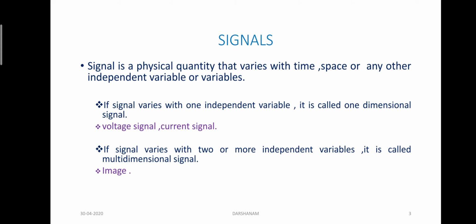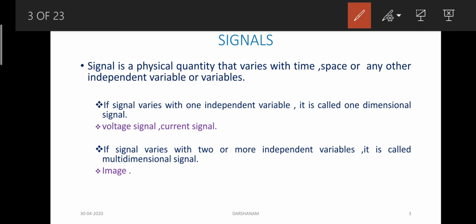If signal varies with one independent variable, it is called as one-dimensional signal, and if signal varies with two independent variables, it is called as multi-dimensional signal. In all technical exams, we have to deal only with one-dimensional signal, but we must know the difference between one-dimensional signal and multi-dimensional signal, so it will be useful for our interviews.